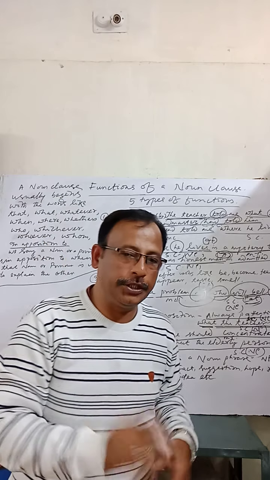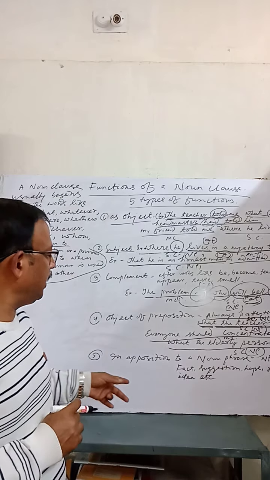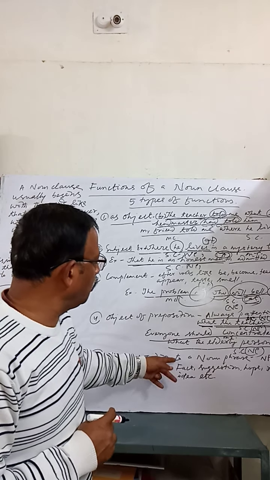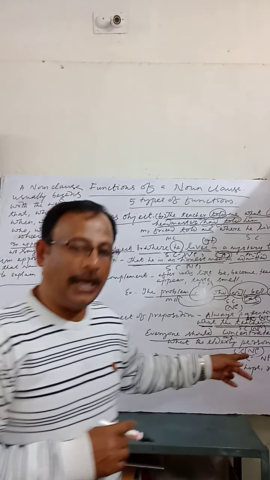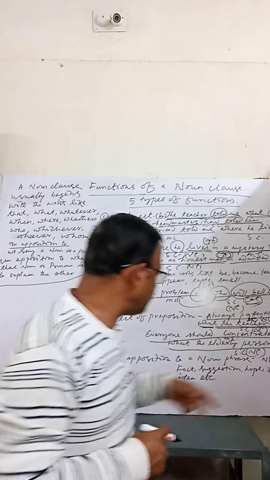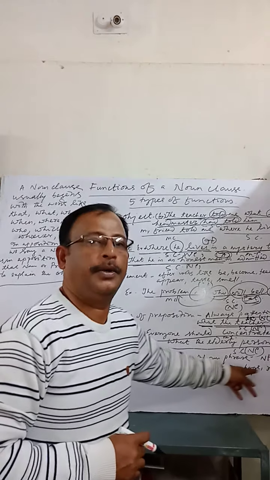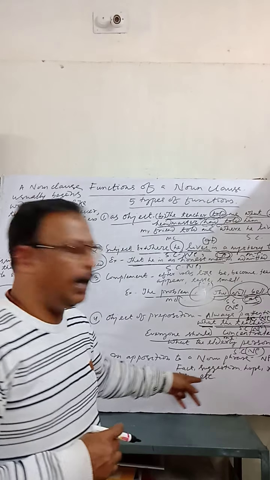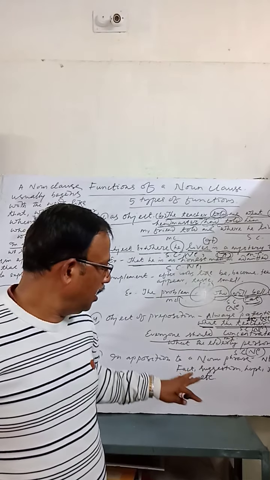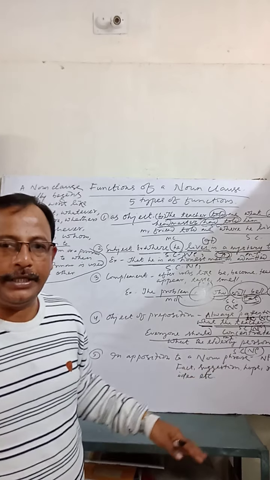That we say in apposition to. You see, I have in apposition to a noun phrase. What are the noun phrases like? Noun phrases are like fact, suggestion, hope, rumor, idea, etc. These are the different types of noun phrases.